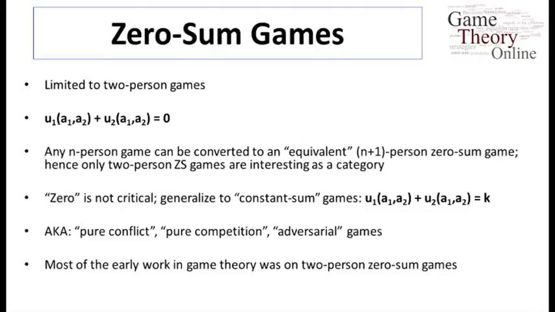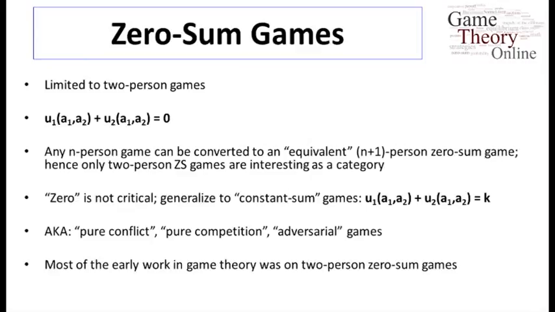Here's another point, and this is a very important point: zero really does not play any particular role here. You can take a game and perturb all the payoffs by what's called a positive affine transformation. That is, either multiply all the payoffs by some positive constant, or add a constant to all the payoffs, a constant that's positive or negative in this case, and the game really has not changed at all.